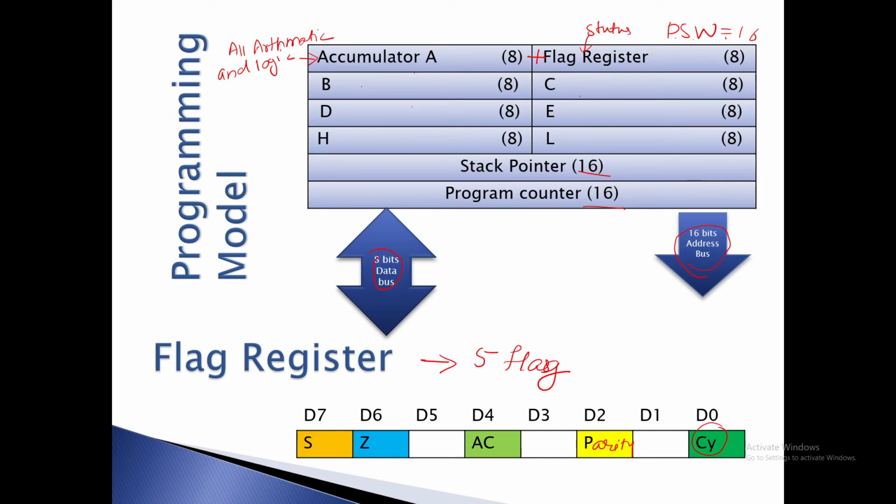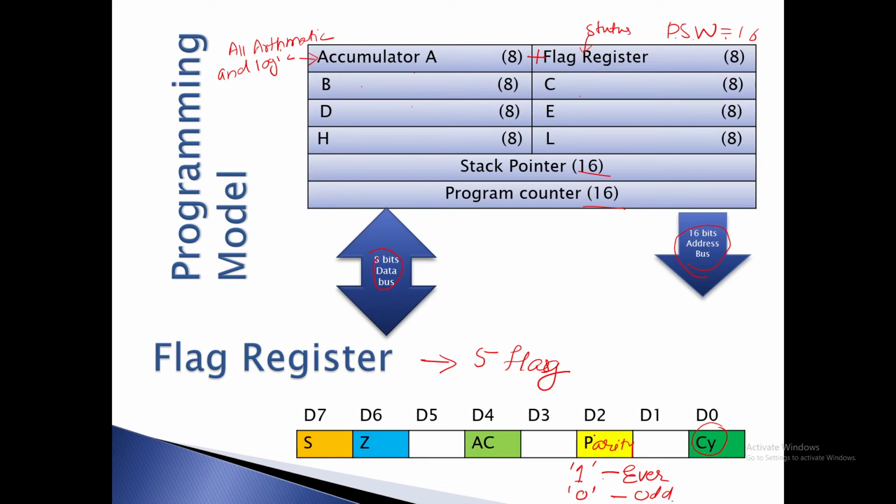Due to any operation, if the number of 1s in the accumulator is even, then the parity flag will have logic 1, and if it is odd, it will have logic 0.